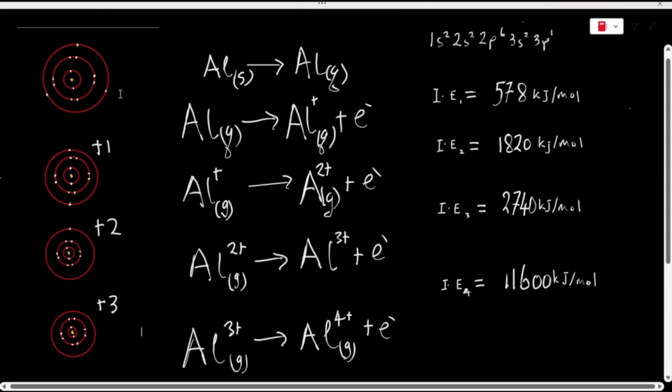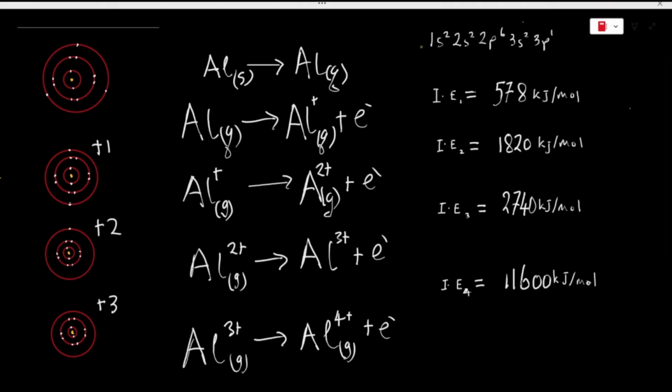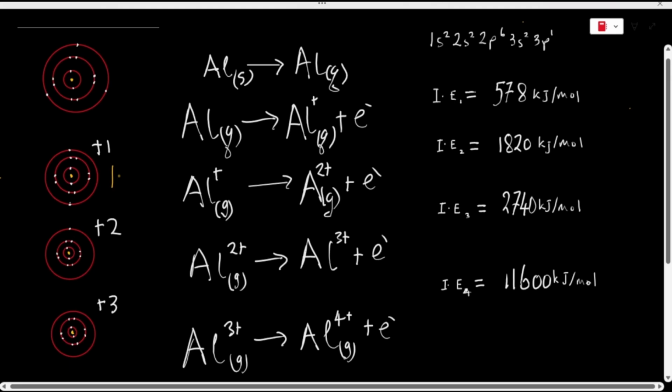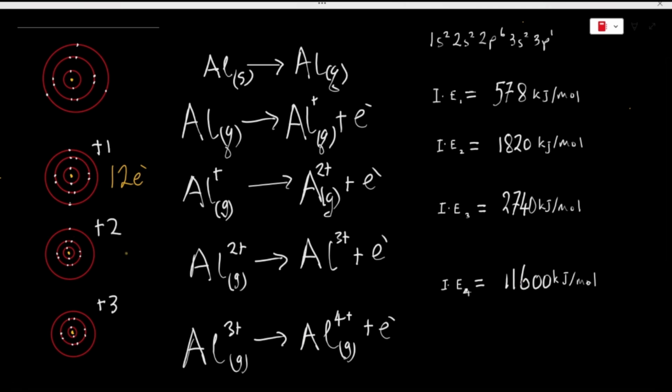Now, if the first electron is to be removed, we will be left with 12 electrons. With this ion, with a +1 charge on it, it means that it has lost 1 electron, so it will be left with 12 electrons. This ion with the +2 means that it has lost 2 electrons, and so we will be left with 11 electrons on it.